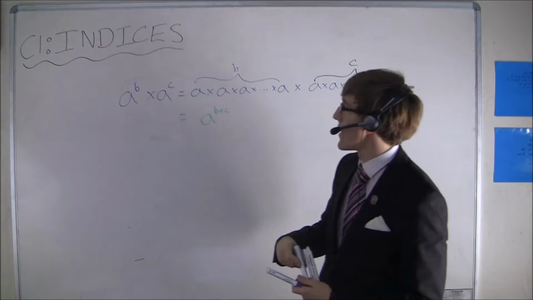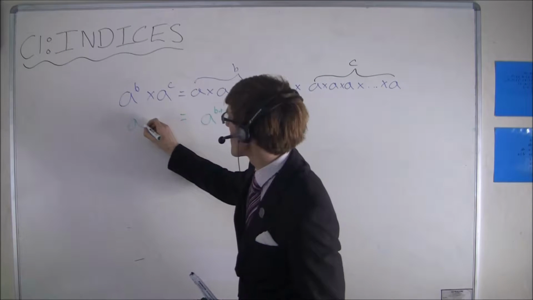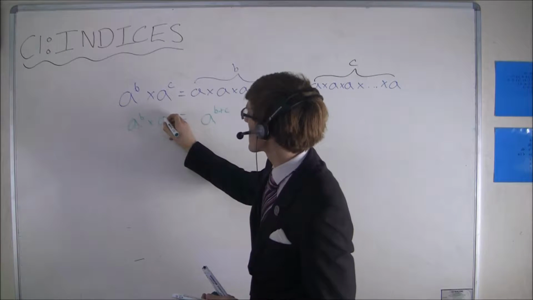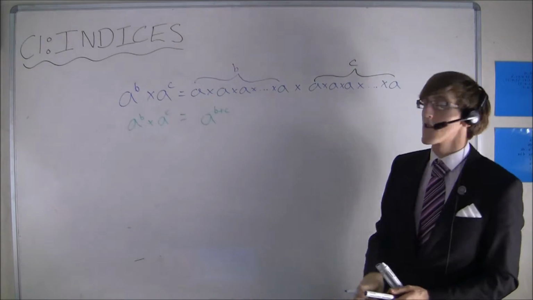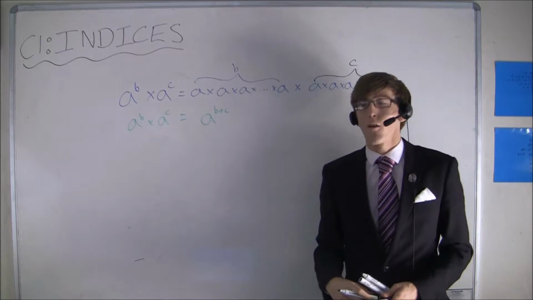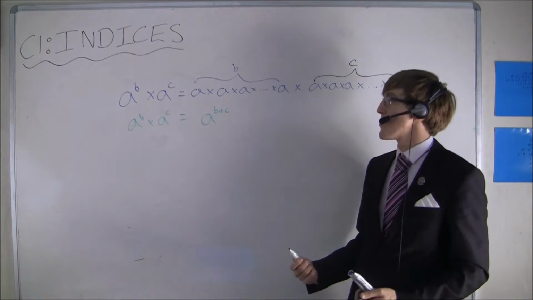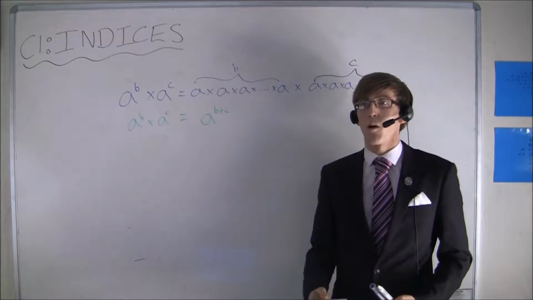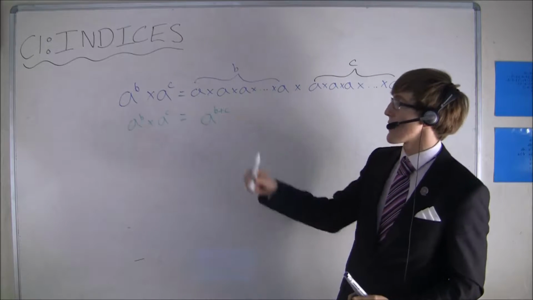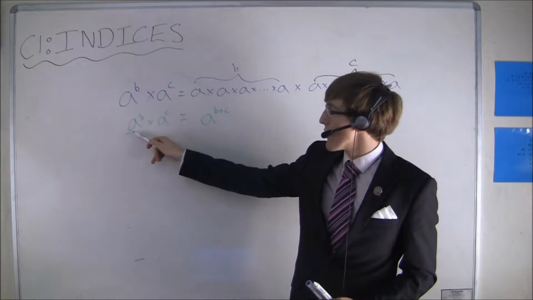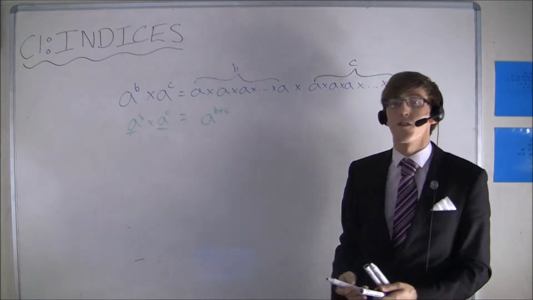So this is the rule we need to learn. It's that a to the power of b times a to the power of c equals a to the power of b plus c. Of course, we need to note that this only works when we have the same base. So we couldn't multiply 3 to the power of 4 times 5 to the power of 7 and just add up the powers, because we need to make sure that the numbers we have raised are the same.